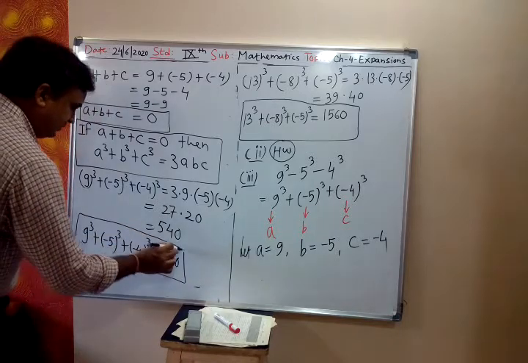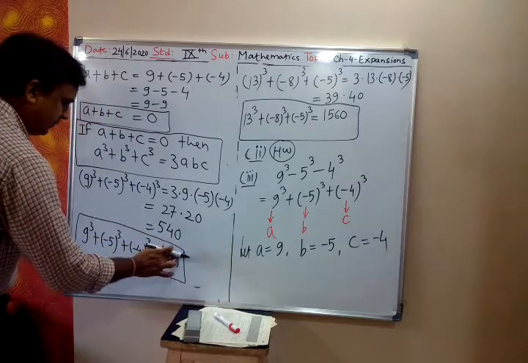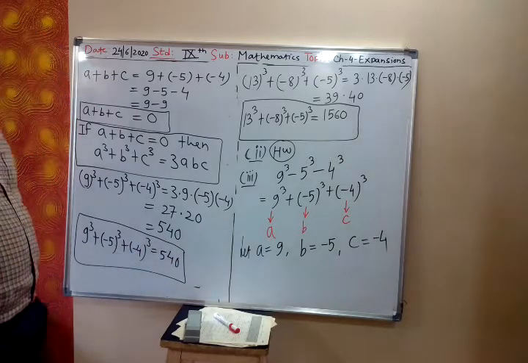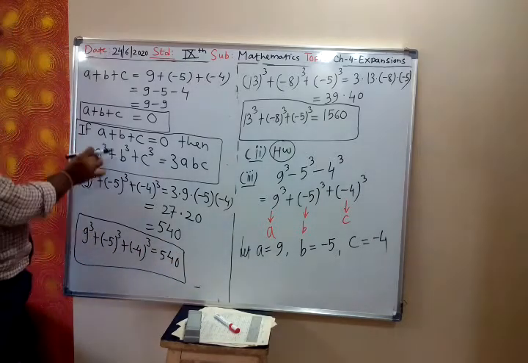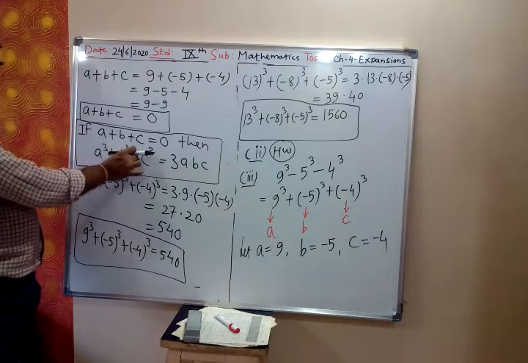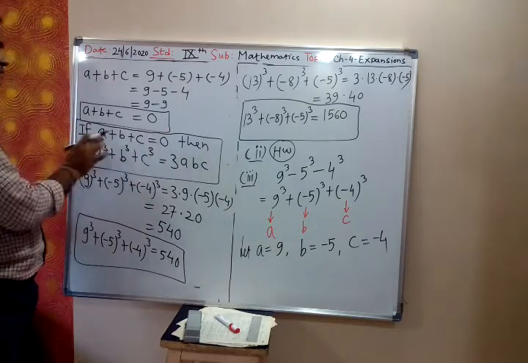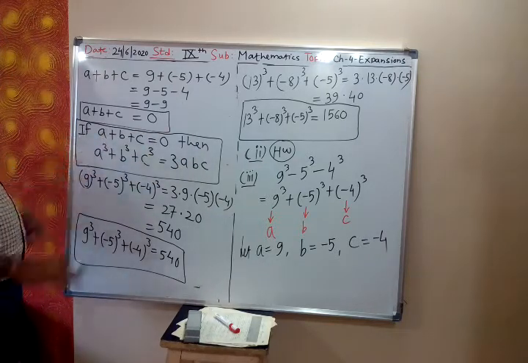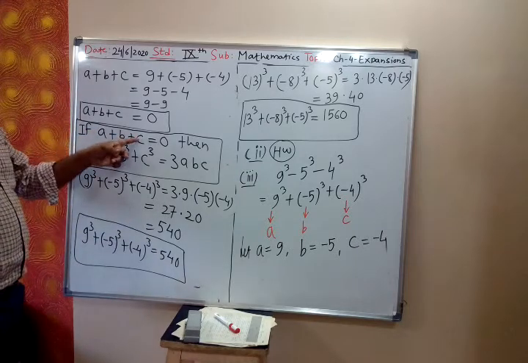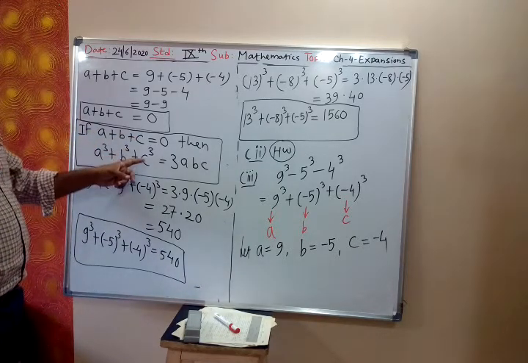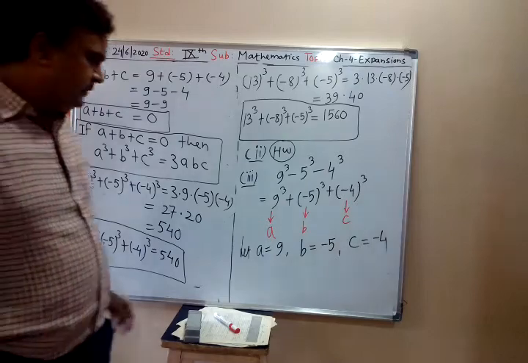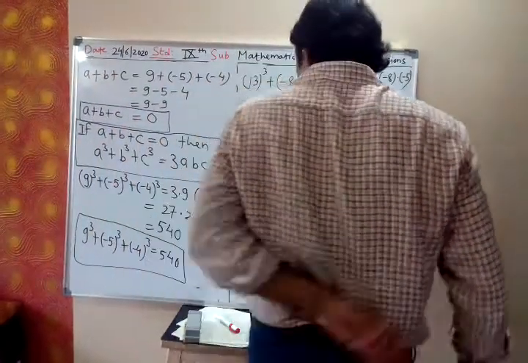So if A plus B plus C is 0, then A cube plus B cube plus C cube is 3ABC. This property we use. Write fast.